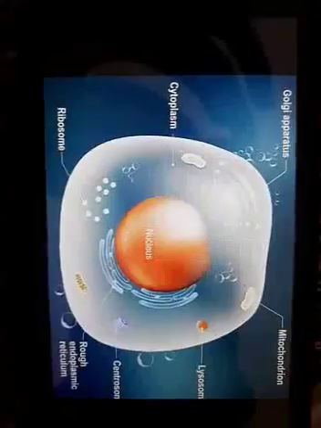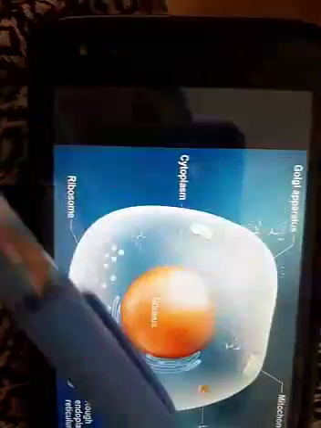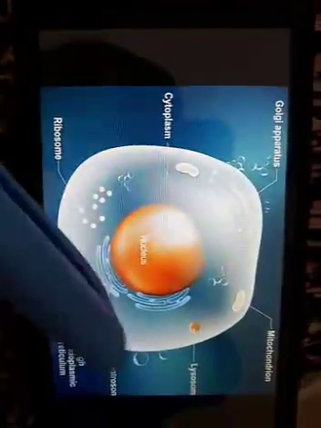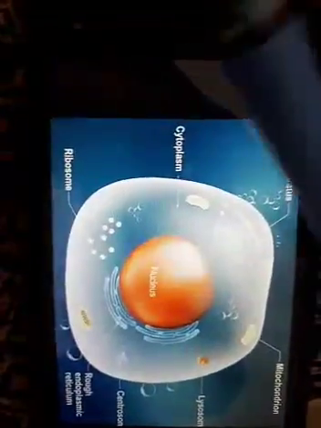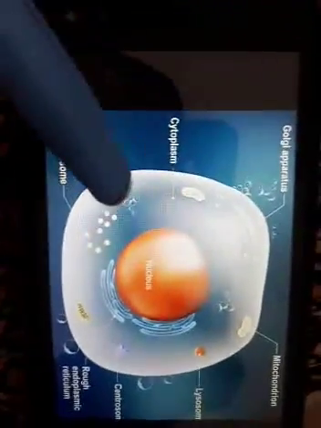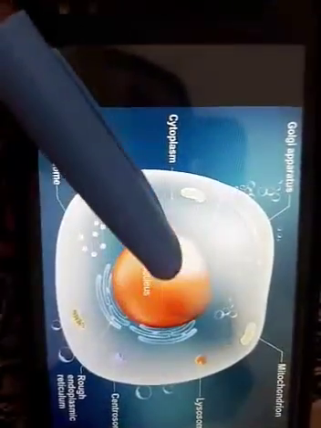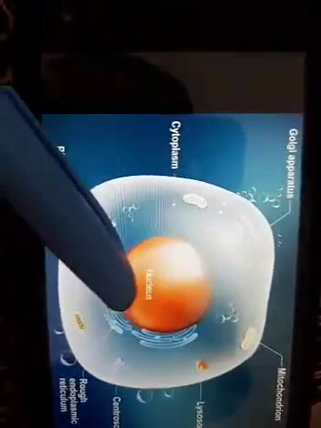As you can see, this is a cell, in which the outer covering is known as the plasma membrane or cell membrane. This is a spherical shaped nucleus.